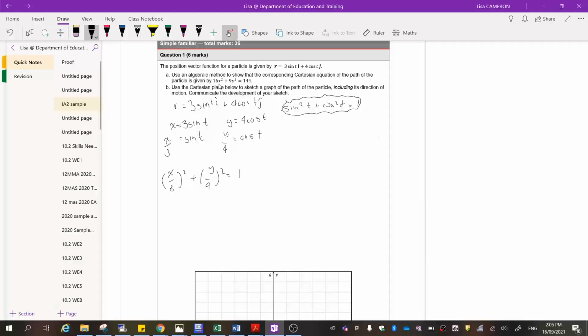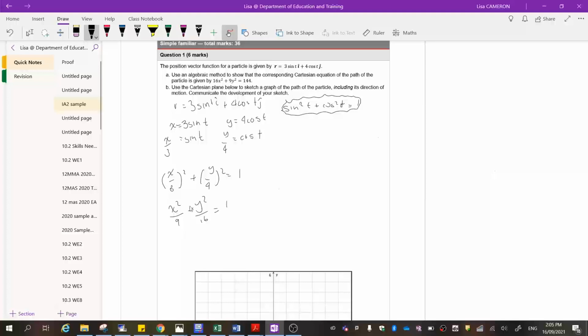So now we've got the x's, we've got the y's, we've got a left-hand side, we've got a right-hand side. This is looking much better. If we open this up, we've got x squared over 9 plus y squared over 16. Remember to square both the top and bottom, and that will equal 1.